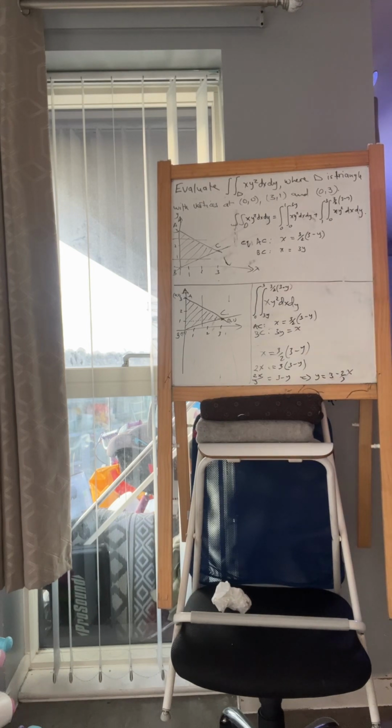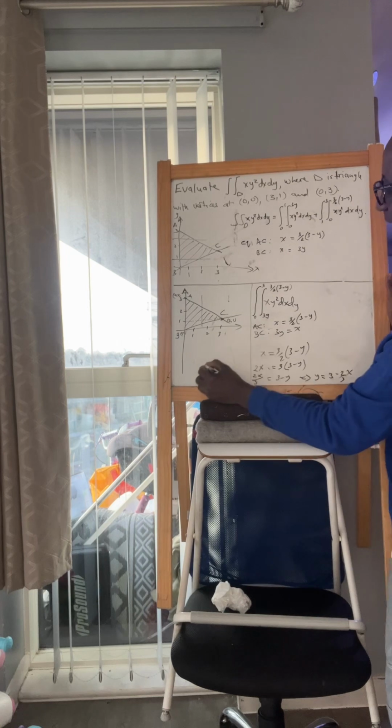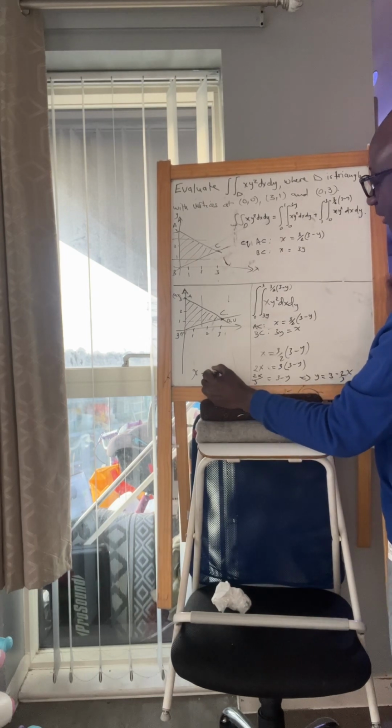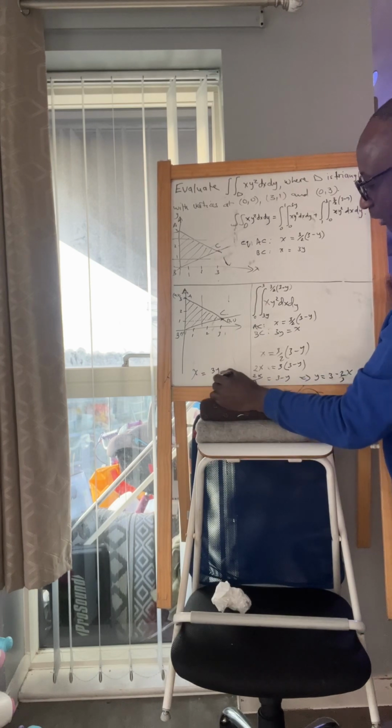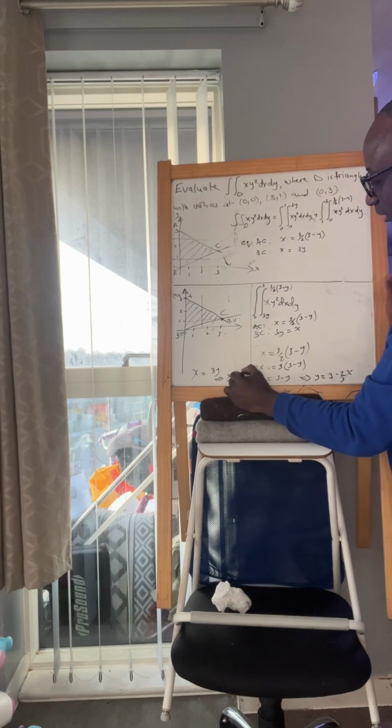And for this one, you have x equals 3y. I need y, so I'll just bring the 3 there. So that means now it's x all over 3 equals y.